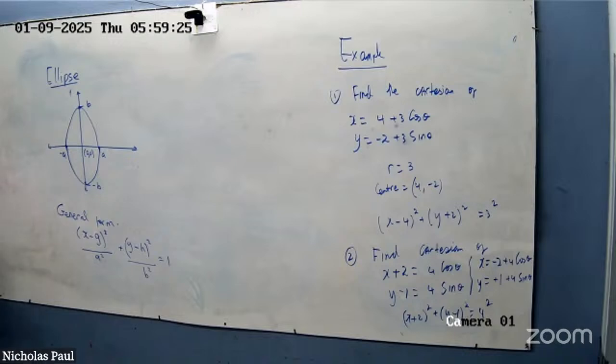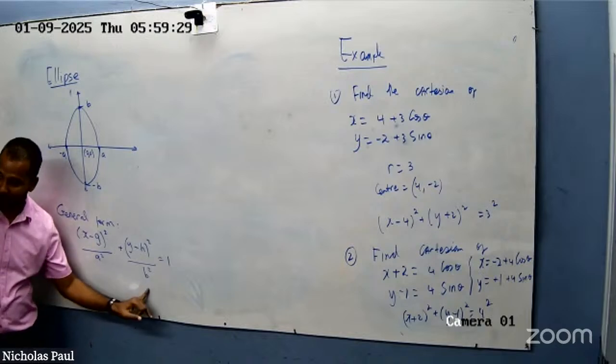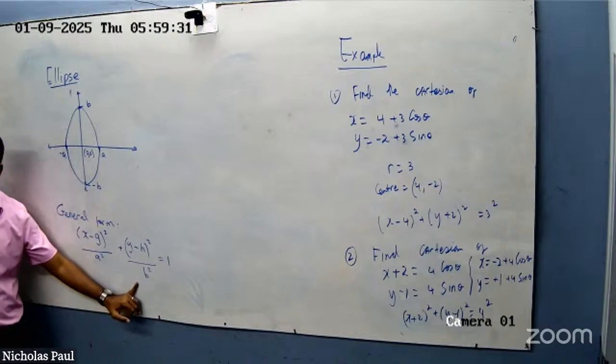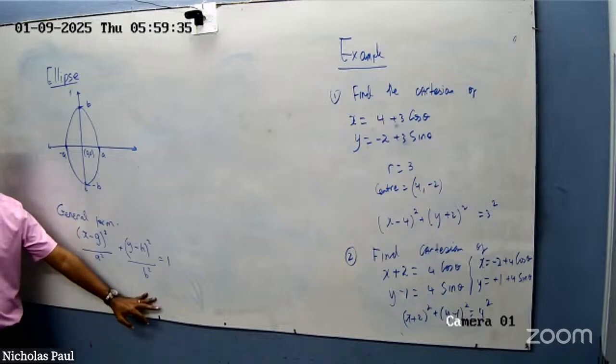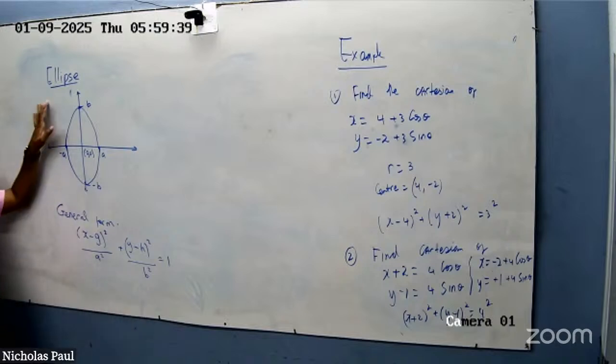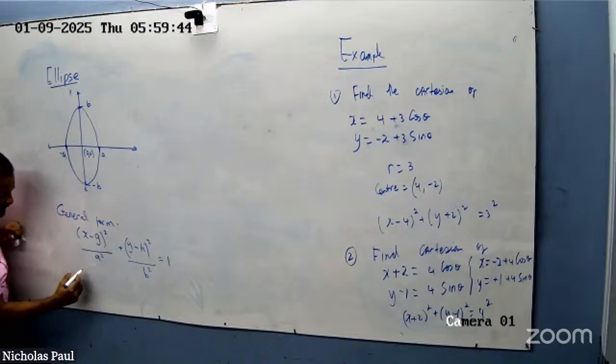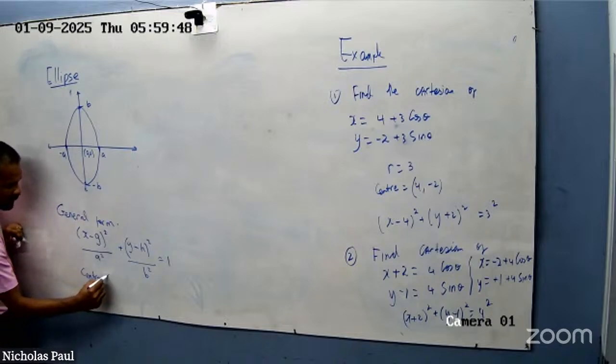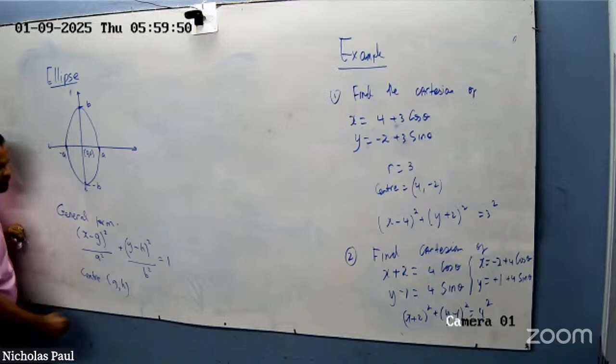It's a little bit different from a circle because these values here are not the same. If these values here are the same, we have a circle. They are not the same, so what we have is an ellipse. So g and h are our center. The center is (g, h).